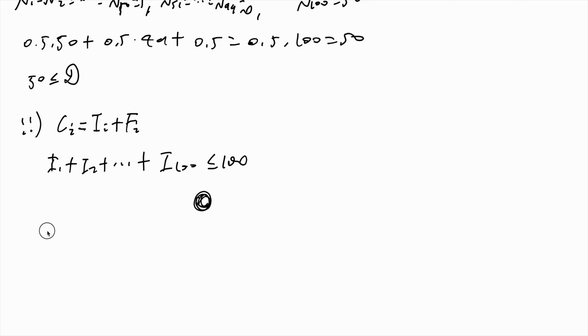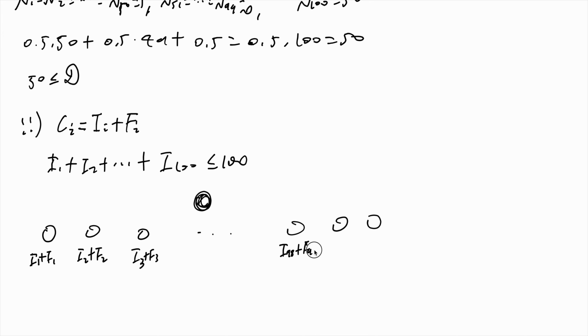First one, our Pokemon 1, 2, 3. Our first one got I sub 1 plus f of 1, I sub 2 plus f of 2, plus f of 3, and so on, up to I sub 100 plus f of 100.